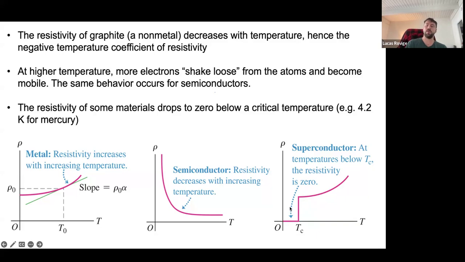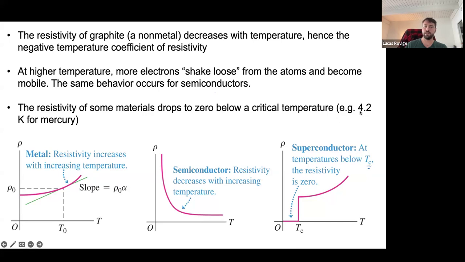They have extremely low resistance, and so they're very useful to conduct massive amounts of electricity, or use them to, for instance, do some magnetic floating, because you can get a lot of electricity flowing without any dissipation and without the material getting too hot. But this typical critical temperature is usually very low.